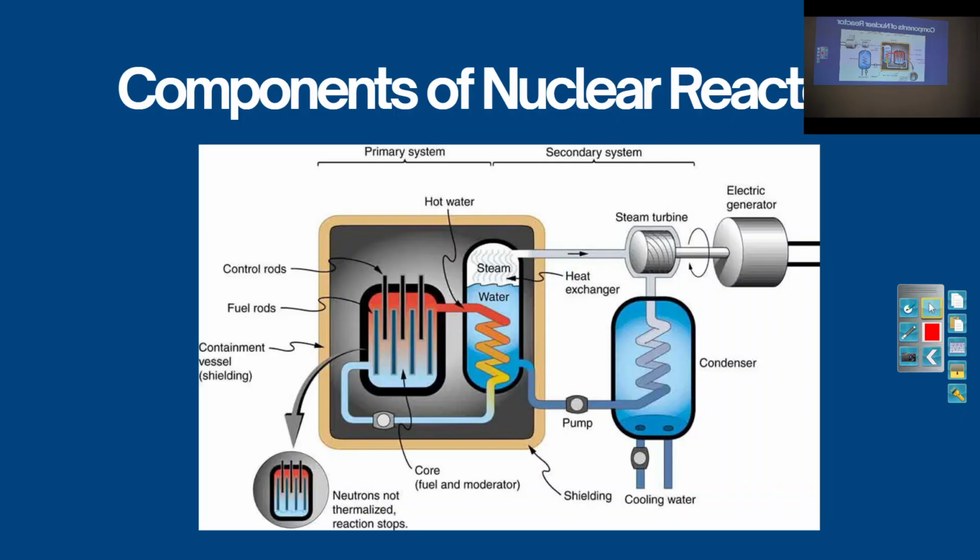So you can write: key components of a nuclear reactor. First one is fuel rods.